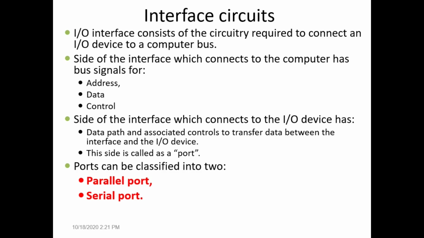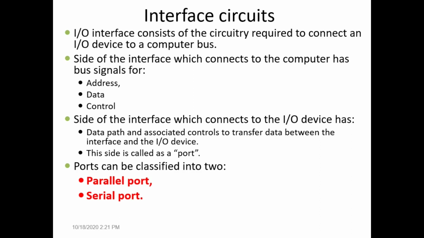And on the other side, it is connected to the actual physical input-output device. There it has ports. Ports are nothing but the wires or data paths through which the interface circuit and physical input-output devices transfer data between them.